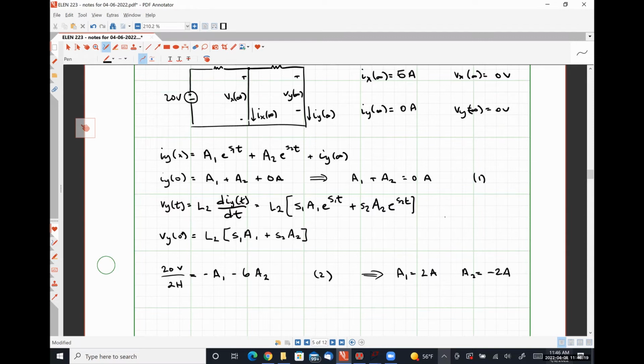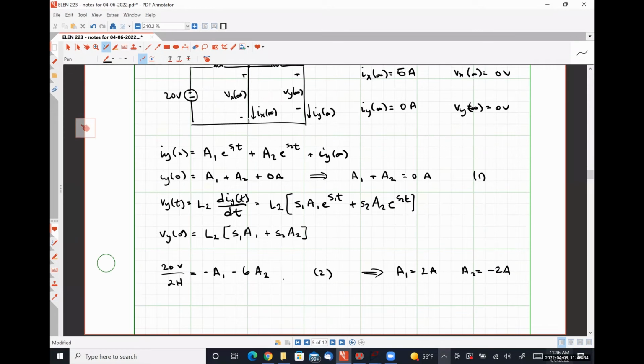So since L is 2, S1 was -1, and A1 was +2, that gives me -4 e to the minus t. And then I'm going to have 2 times S2 times A2, plus 24 e to the minus 6t.